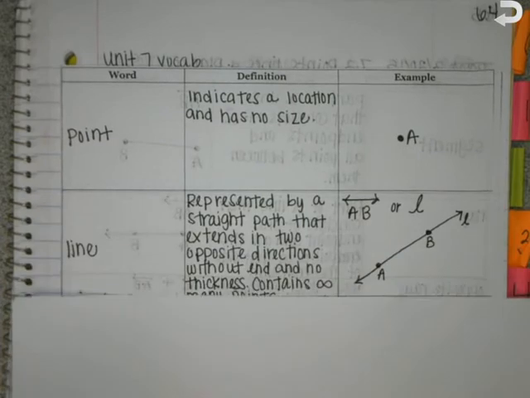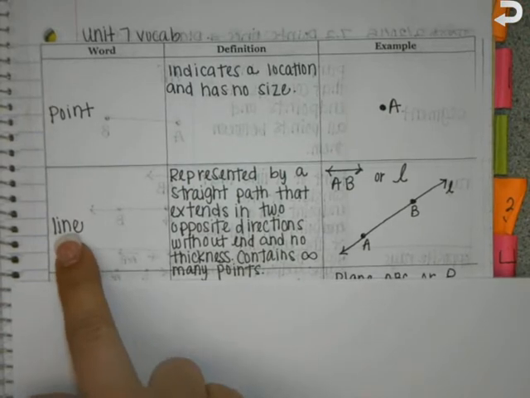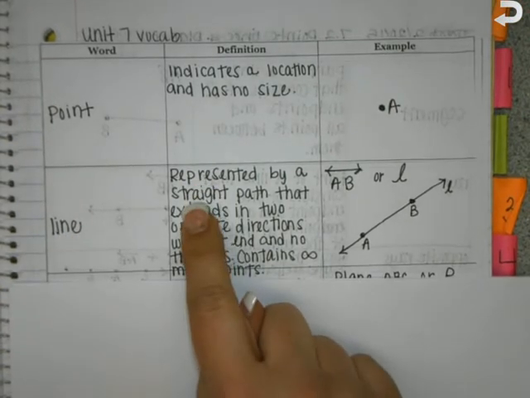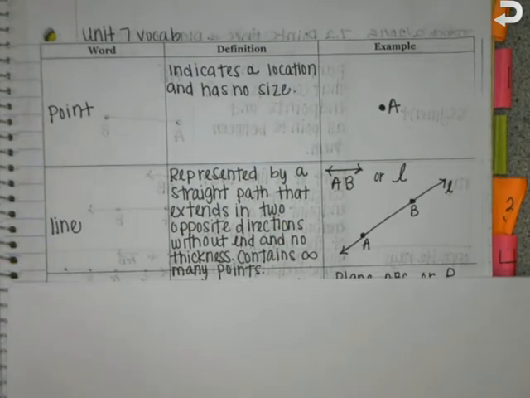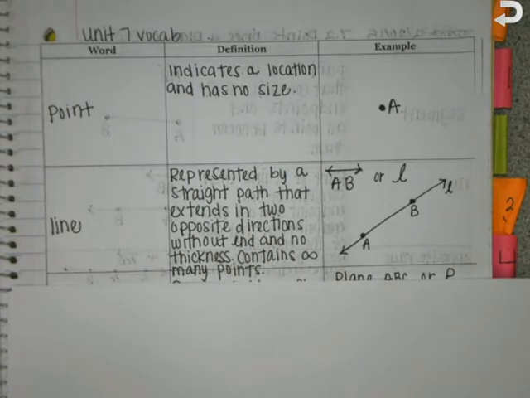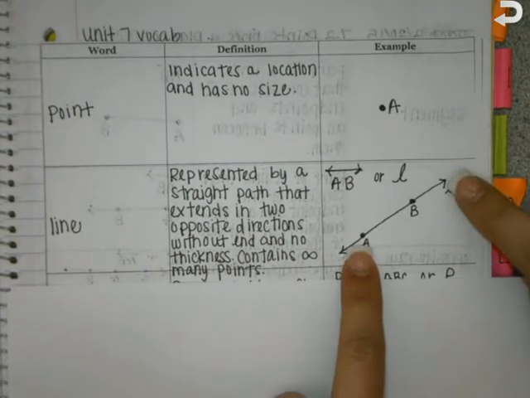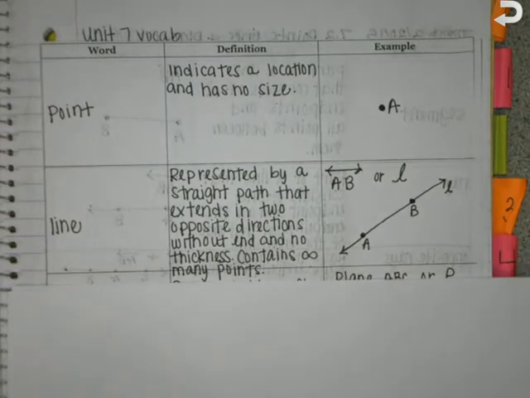The next thing that we need to look at are what points make up. Points make up a line. And a line is represented by a straight path that extends in two opposite directions without end. So that means that lines go how long? Forever. Forever and ever. And we indicate that because at the edges of the line we put arrows, which means it goes on forever and ever, okay?